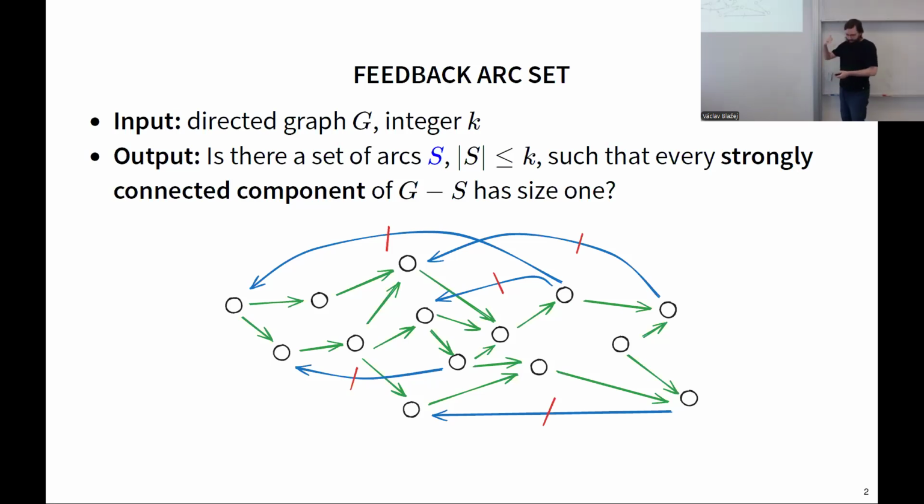This is a variant of feedback edge set from undirected graphs. And the target in feedback arc set is to remove some set of edges so that you will have no cycles remaining in the graph at all. Right, so once you remove the blue edges here, there is an order of vertices from left to right such that all edges are coming to the right.